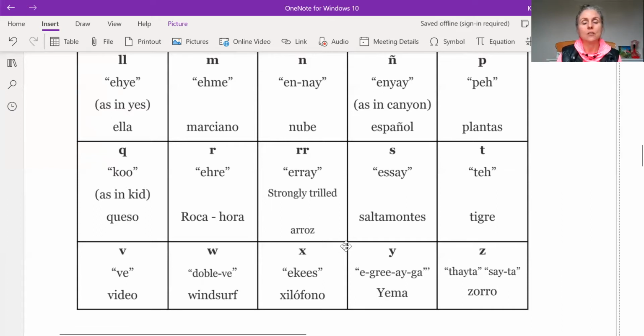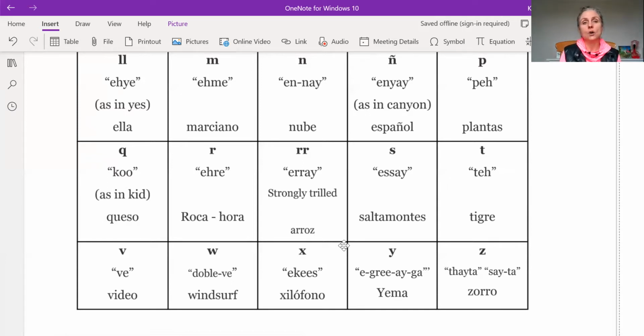The Y. Now the Y is a word in its own right as well. The letter is called an i griega. I know, it's strange. But the sound of it is a Y, as in yema. Yema, which is an egg yolk. And on its own, the Y means and it's pronounced i.